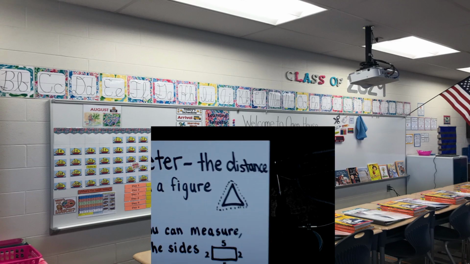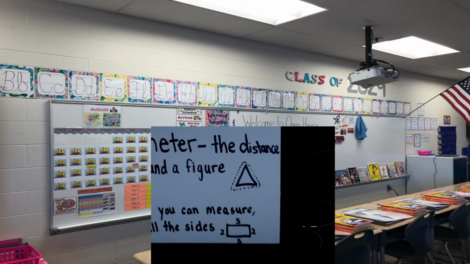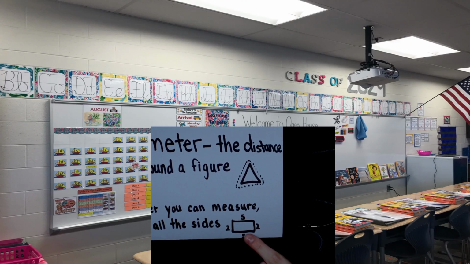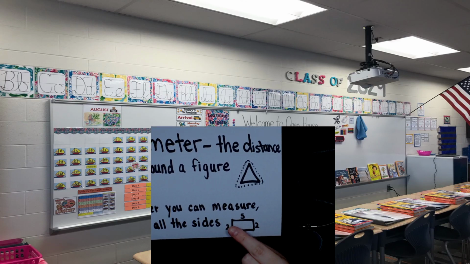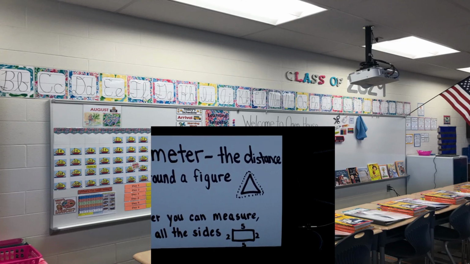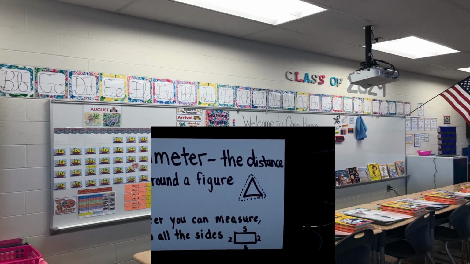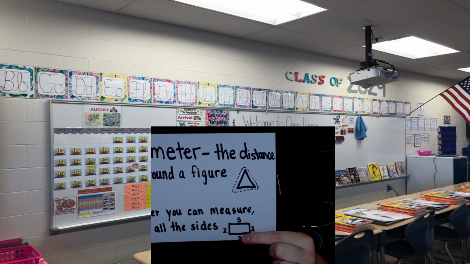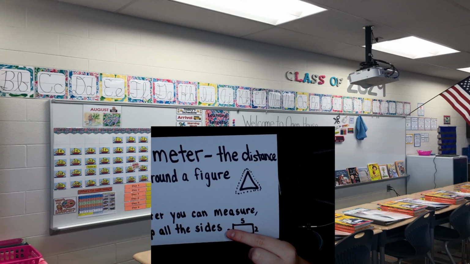I have a picture here of a rectangle. You'll notice the top and the bottom of my rectangle are 5, and the sides are 2. To find the perimeter of this rectangle, I would add 5 plus 2 plus 5 plus 2.